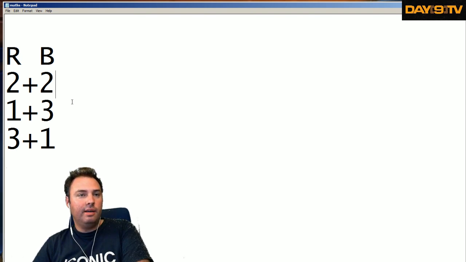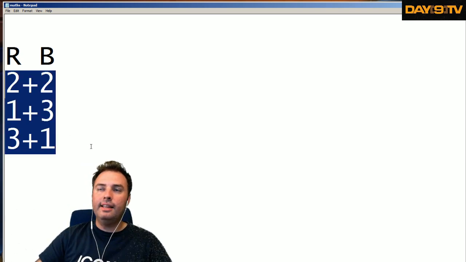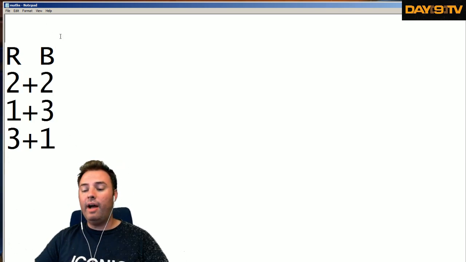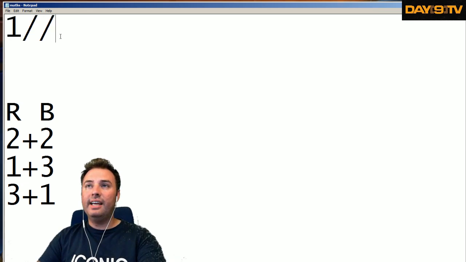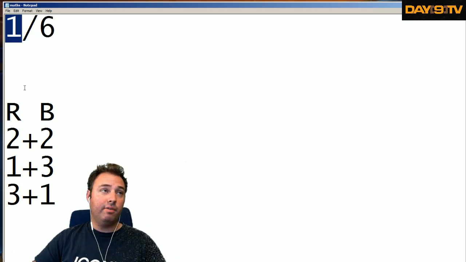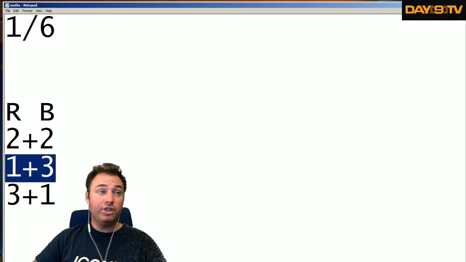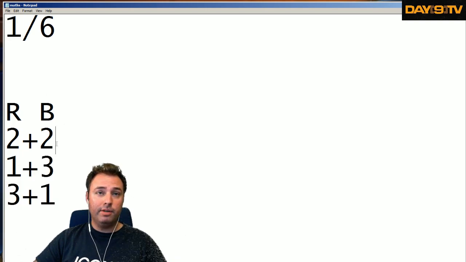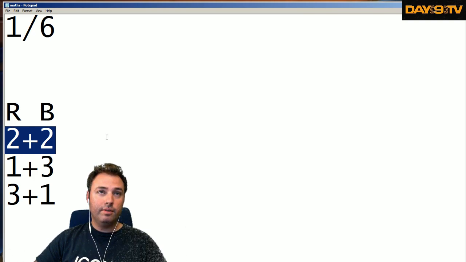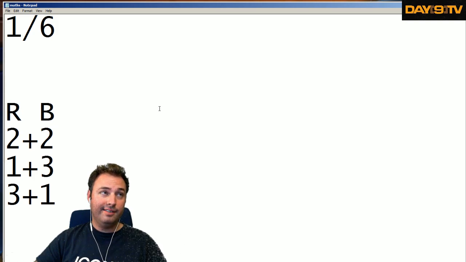Red 2 and blue 2 is the same as blue 2 and red 2, right? This is the thing that trips people up. If I just say a regular dice and I go 1 out of 6, right? The number of different possibilities of the top. 1 plus 3 is different than 3 plus 1, but 2 plus 2 is not different from 2 plus 2. See what I'm saying? All right, there's only one 2 plus 2. Is that clear?